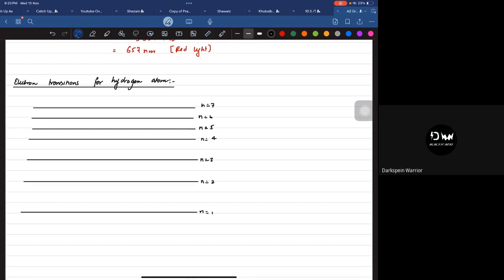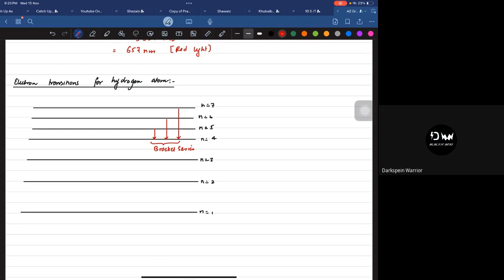Like if the jumps are made between 7 to 4, like this, or 6 to 4, anything up till 4. This is called the Brackett series, just a name.